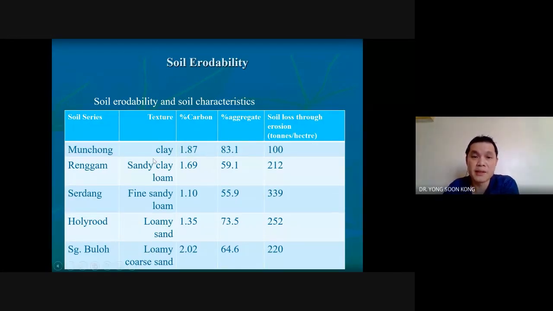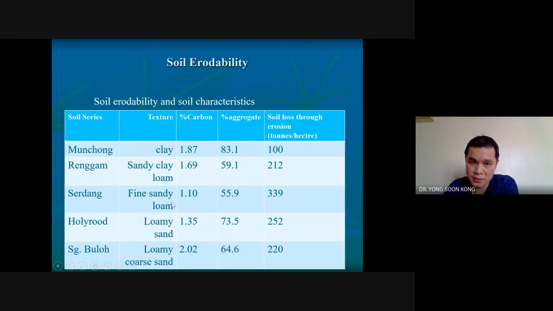Soil that contains more clay is most likely to experience lesser soil loss to erosion, much lesser compared to the coarser ones. But let's not forget, you also need to look at the percentage of carbon. It's quite safe to say that with more carbon, you suffer a bit more loss, but the most is coming from here, the fine sand, the series with the least carbon amount.